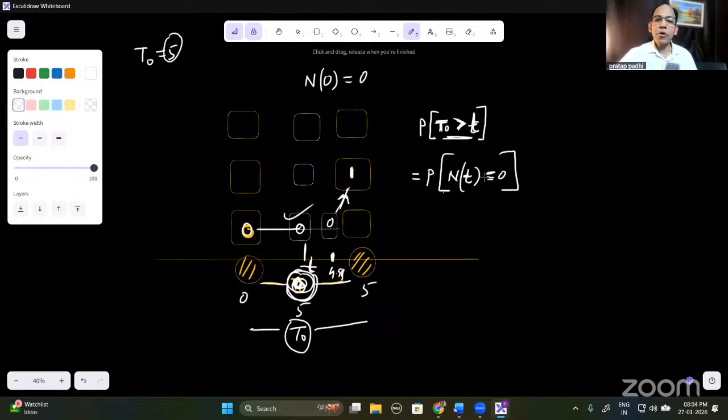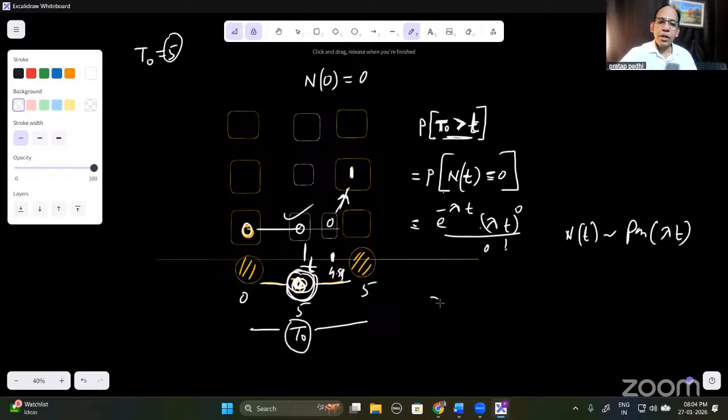The value of the process at small time T, if T is less than T naught, is 0. But NT follows Poisson lambda T, where lambda is the rate. According to that, e power minus lambda t, t power x with x equal to 0, divided by 0 factorial, that is e power minus lambda t.